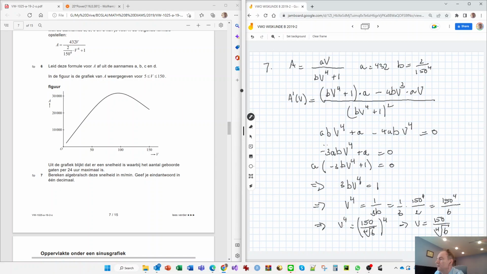There's also negative roots, of course, but that doesn't make sense. You cannot have a negative speed. You might have complex roots as well.